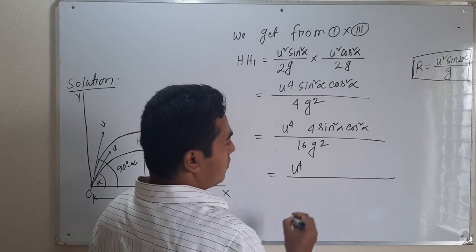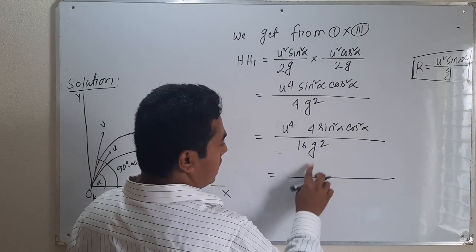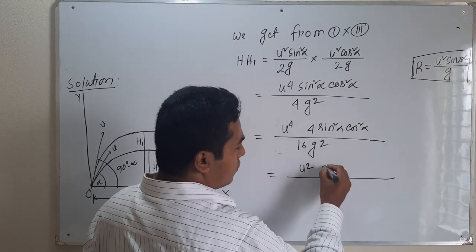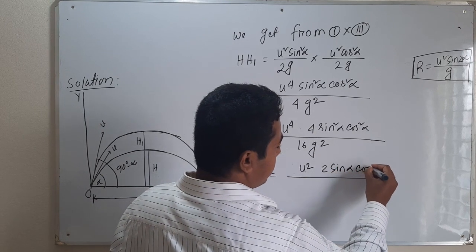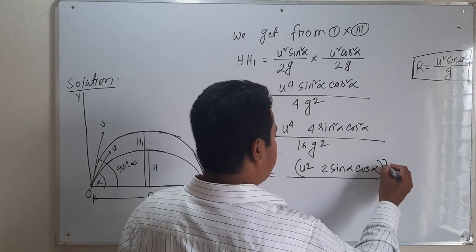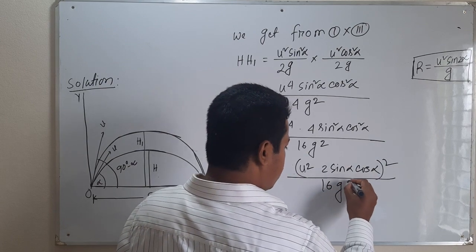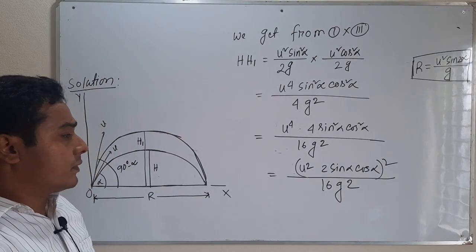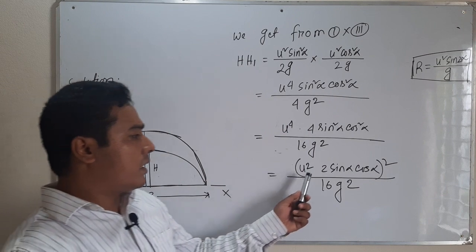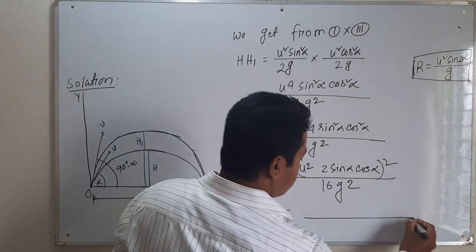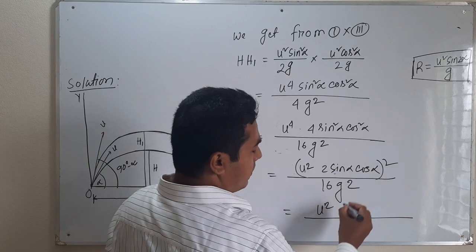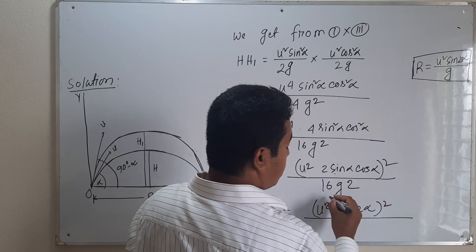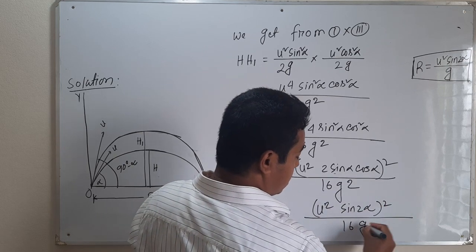The square of u4 is u square, so u square into 2 sin alpha cos alpha, whole square, divided by 16 g square. We need to apply this formula. Now u square sin 2 alpha, where sin 2 alpha is 2 sin alpha cos alpha, whole square divided by 16 g square.